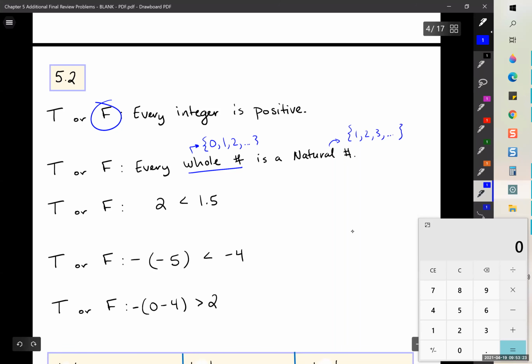So this would be false because we could happen to have the whole number 0. That's not a part of the natural numbers.